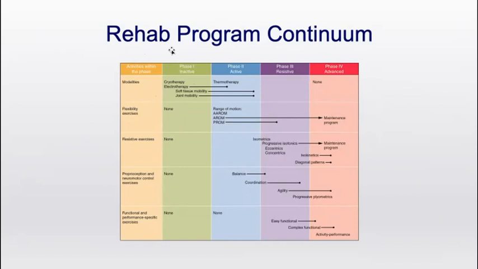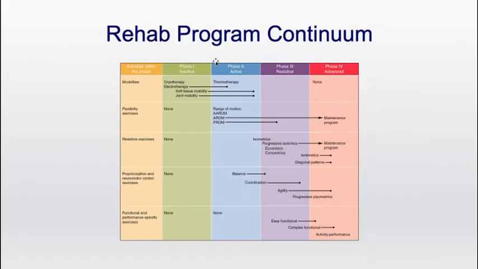And you'll see those first two phases are somewhat heavily reliant on reducing pain, essentially, right? So you've got cryotherapy, you've got electrotherapy, which is like TENS and interferential current, you've got soft tissue, you've got joint mobilization, those sorts of things, right?